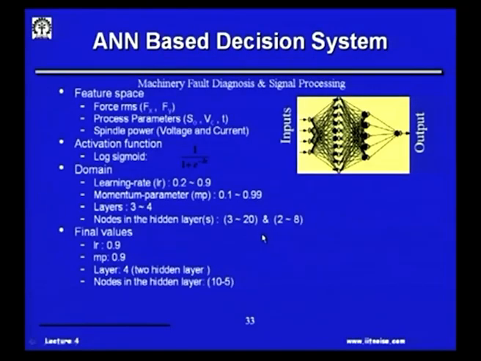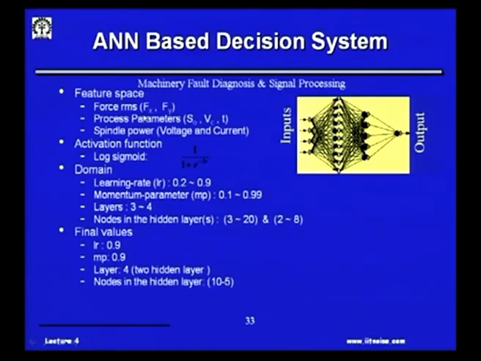Now once we have all this data and the features extracted, we now will decide on what to do with this kind of data. So as I was telling you, in the artificial neural network based fault decision system, we have certain amounts of inputs and certain amount of outputs.